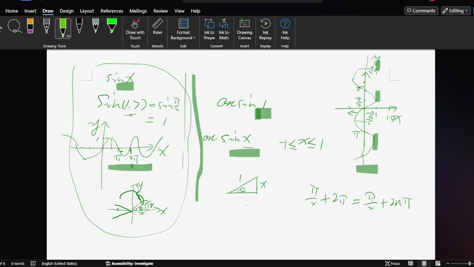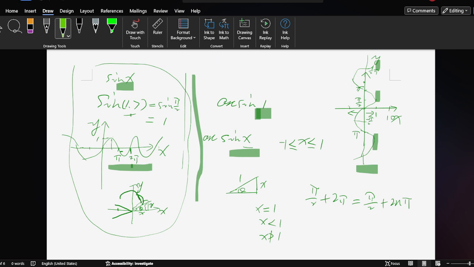That means x can equal 1 or be less than 1. x cannot be greater than 1.